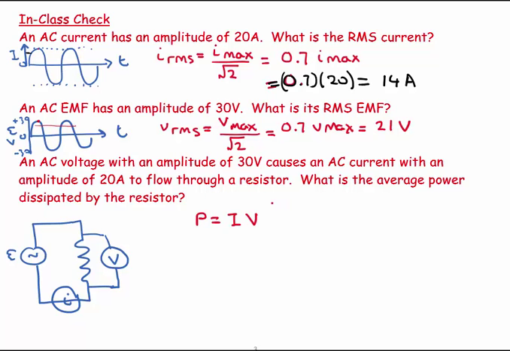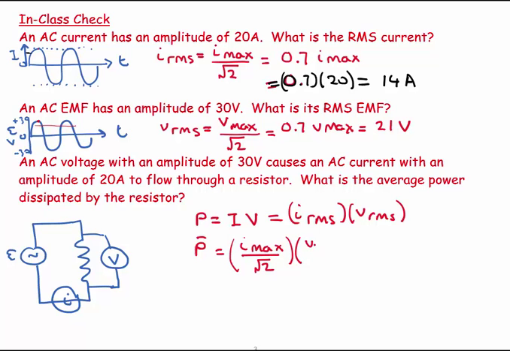So this is going to equal I RMS times V RMS. So my average power is equal to I max over root 2 multiplied by V max over root 2.